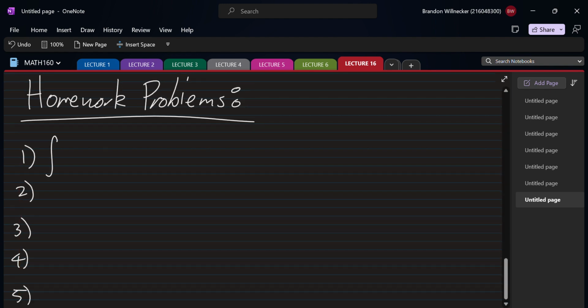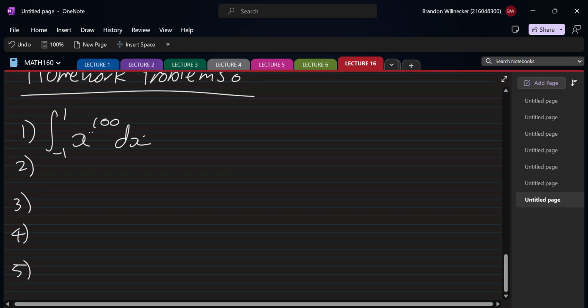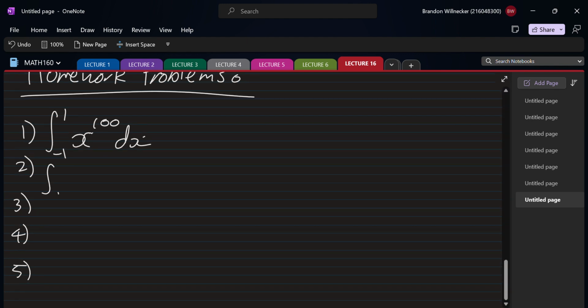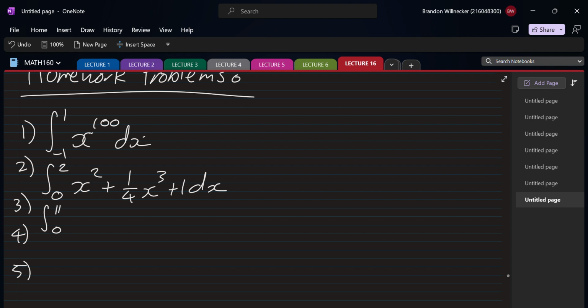You can see. Okay, so integral from -1 to 1, x to the 100 dx. Okay, try to do that with the other method. You'll be here all day. Okay, integral from 0 to 2, x squared plus a quarter x cubed plus 1. Integral from 0 to pi, sec squared x plus 1 over x dx.